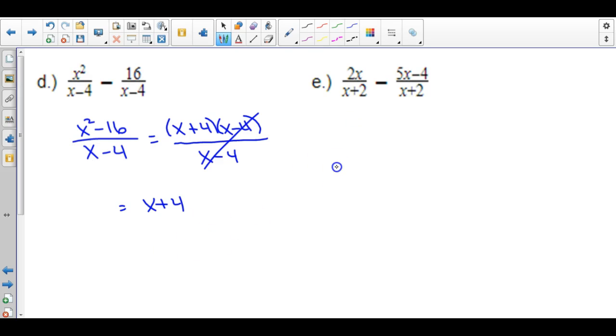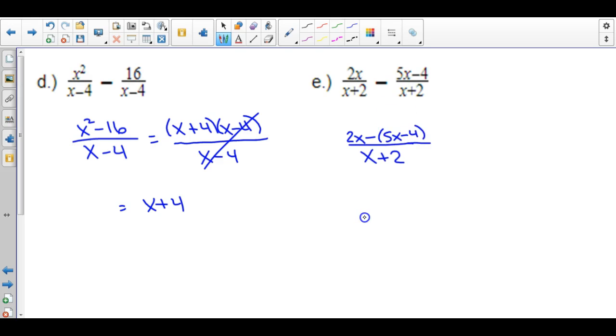The ones where you really want to be careful with your signs are like on this, where it's a subtraction problem, and I have multiple terms here. So what we still have again is the x plus 2 as a common denominator. I'm going to bring the 2x down. Now we're going to be really careful. It's a minus, and then in parentheses you want to put the expression 5x minus 4.